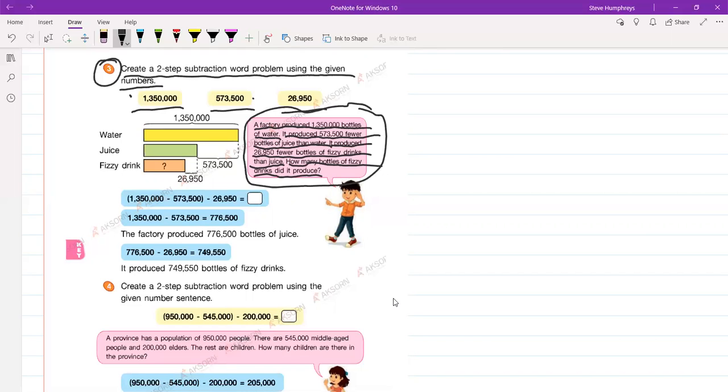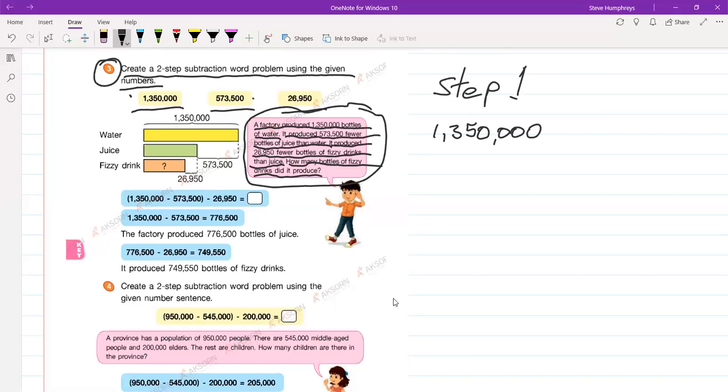Okay, we need to look at the 2 steps. Step 1. This takes a bit of thinking about. Total, 1,350,000 bottles of water. It produced 573,500 fewer bottles of juice than water. Okay, we need to find out the amount of juice. We need to do a subtraction.